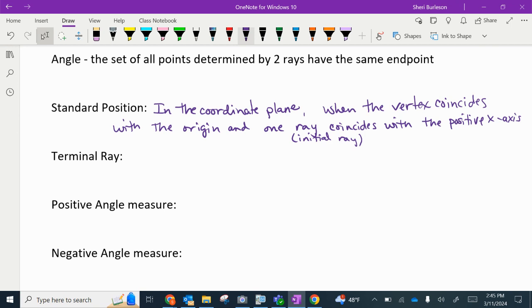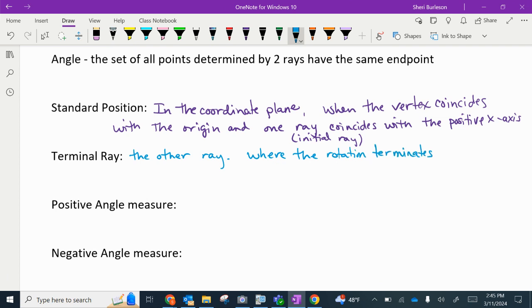The terminal ray is the other ray. We need two of them, right? What does terminal remind you of? Other than death. It's where something ends, where it terminates, where it stops. So this is where the rotation terminates.